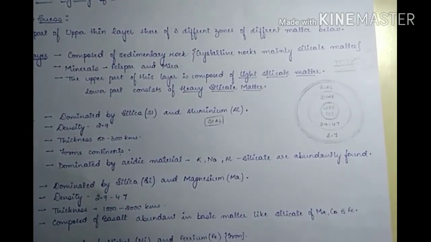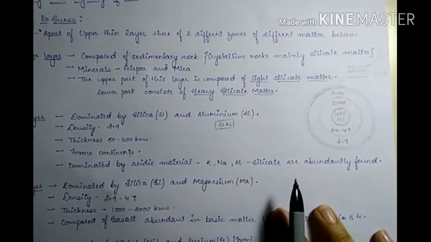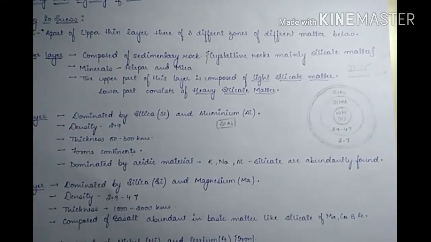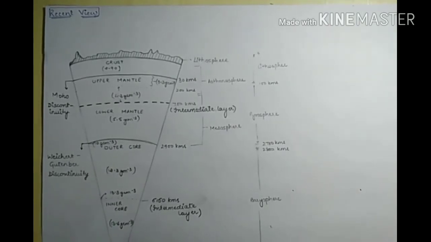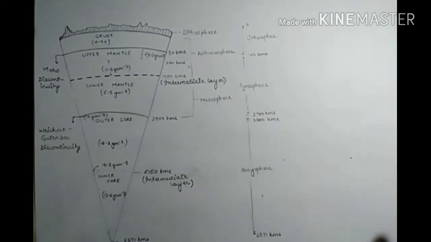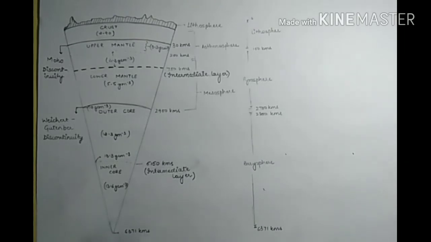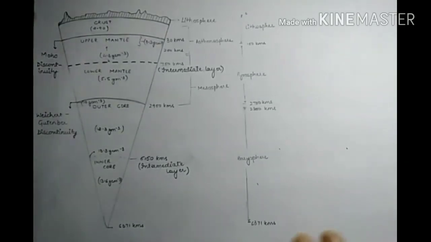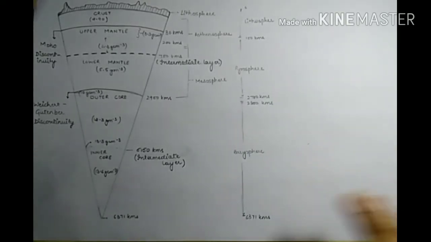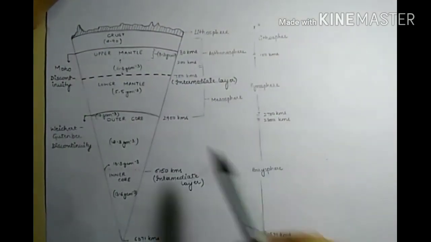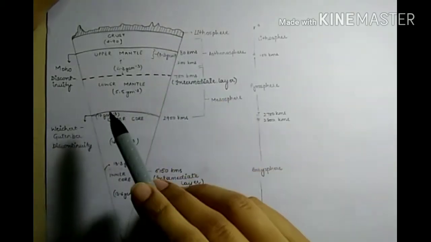Now we will come to the recent view. What is the recent view of our earth's physical condition? In this diagram we will study the physical interior of the earth. This is the uppermost layer, that is the sedimentary layer of earth's surface. Below this we have the crust.